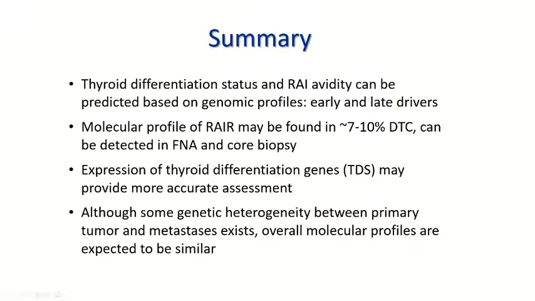If you cannot, it doesn't necessarily require removal of the entire primary or metastatic focus. Expression of thyroid differentiation genes or thyroid differentiation scores may definitely provide a more accurate assessment than simply talking about RAS-like or BRAF-like, but it is currently more research than a clinical tool.